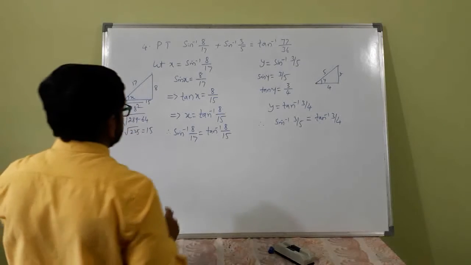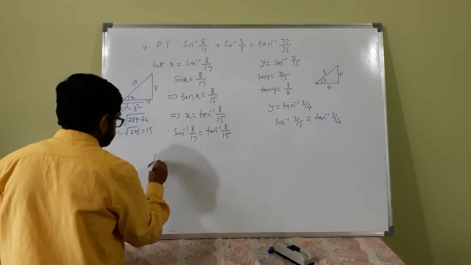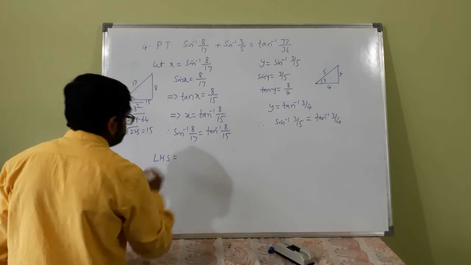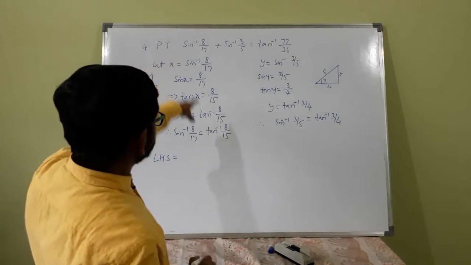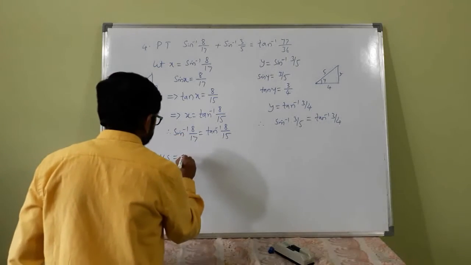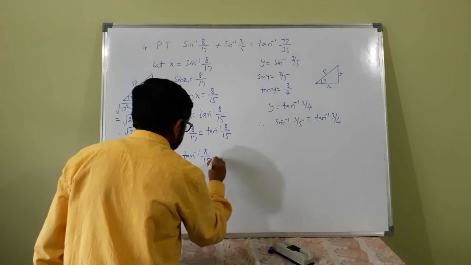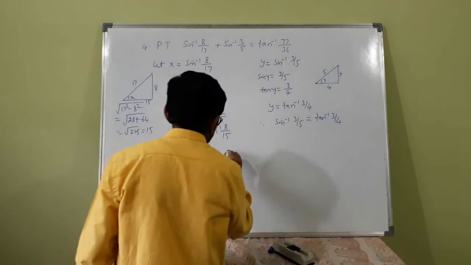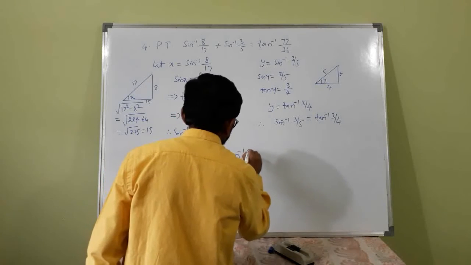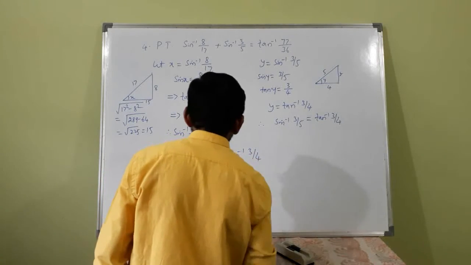Therefore, the LHS of the given expression becomes tan inverse of 8 by 15 plus tan inverse of 3 by 4.